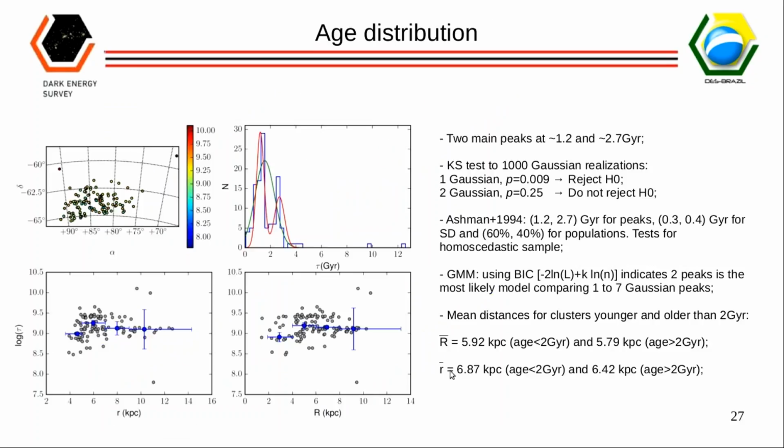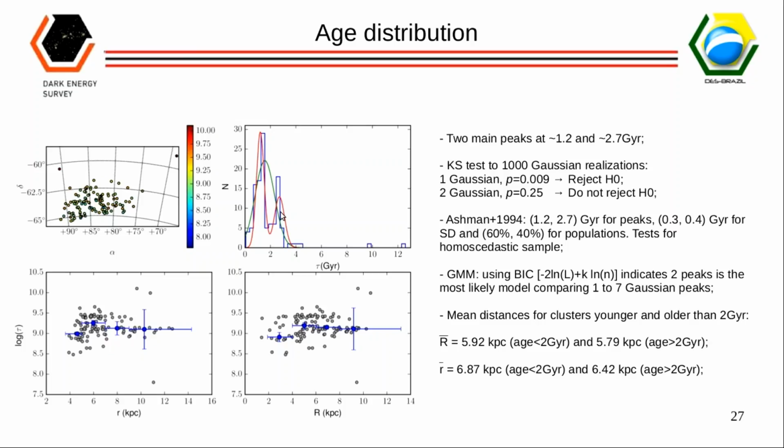Here I present, I think, one of the most significant results for our sample. We have two peaks for the age distribution at 1.2 and 2.7 gigayears.